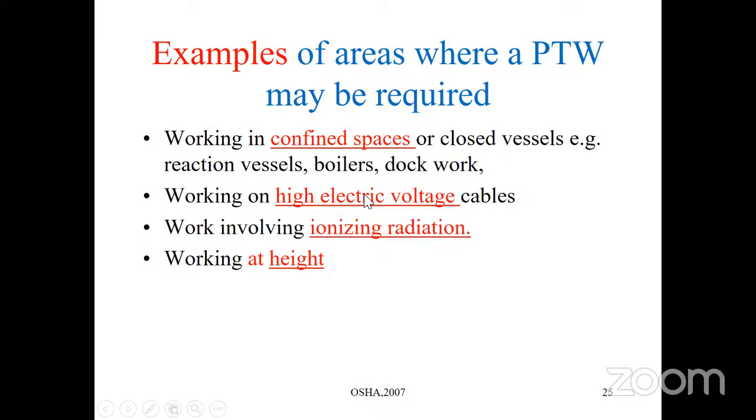And then working at high electric voltage cables, you're supposed to give a permit to work. And then work involving ionizing radiation and working at height. Later on, I'll show you a sample of a permit to work.